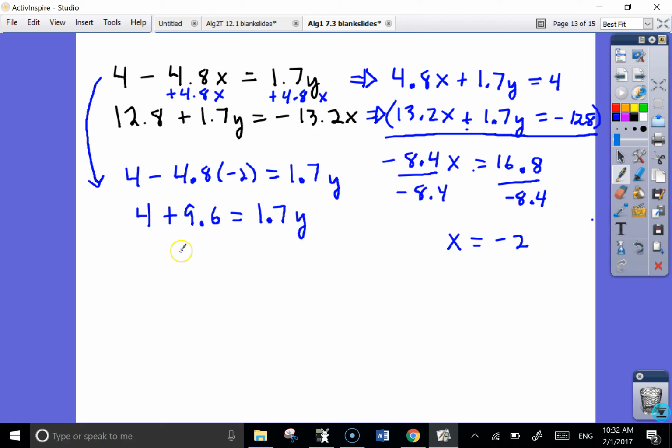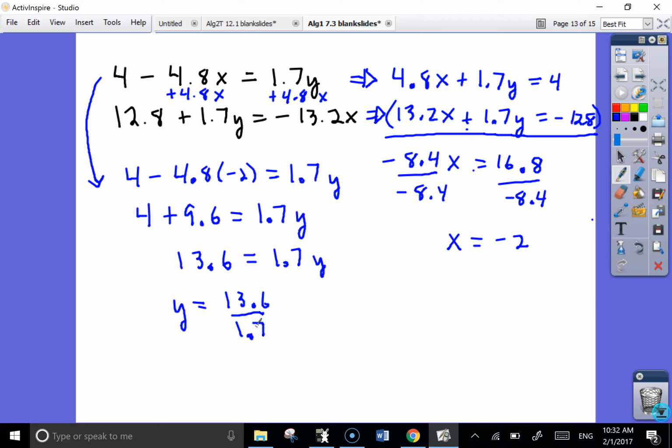So this is 13.6 equals 1.7 times y. So y equals 13.6 divided by 1.7.